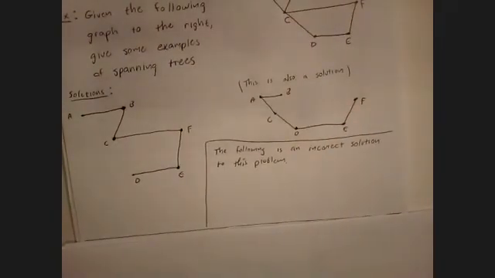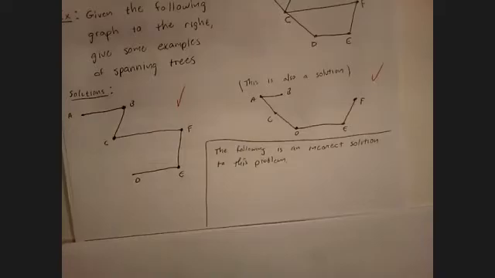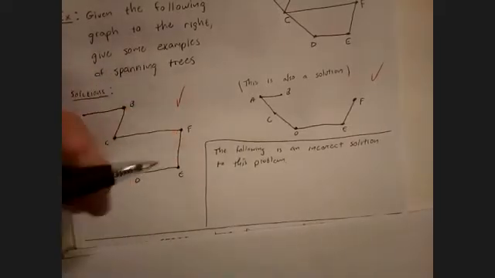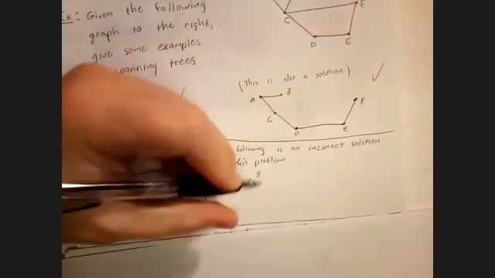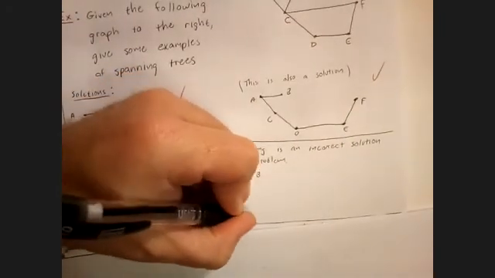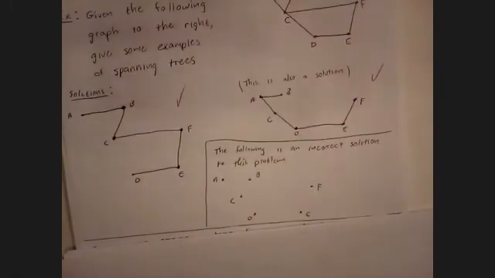Okay. And I wanted to mark it off. These two guys are good. They get check marks. Okay, they're fine. But this one I'm about to do is going to be wrong. So let me draw my vertices again. I just want to show you the difference between a correct answer and a wrong answer. Okay, here's all my vertices.